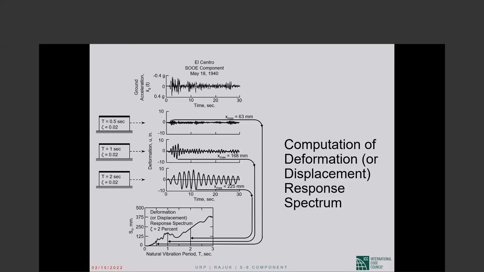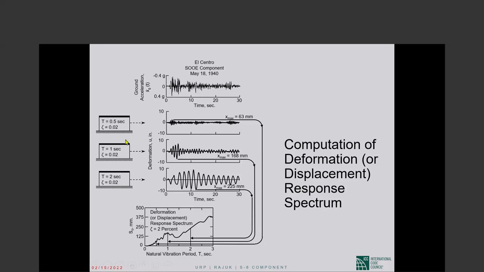Okay, so single degree of freedom system, one component of motion, it can be horizontal displacement or whatever, one component of motion is possible.